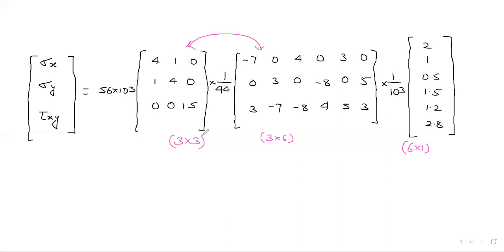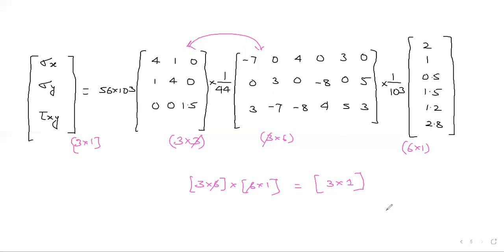Once you multiply this, the 3 and 3 will cancel out, and the final matrix we will get is 3 cross 6. And then again we will multiply this with the matrix of size 6 by 1. So again the 6 and 6 will cancel out. So the final matrix we are going to get is a 3 by 1 matrix, right? So what is the size of this matrix? This is our 3 by 1 matrix. So we will have directly the sigma x value, sigma y value, tau xy value.